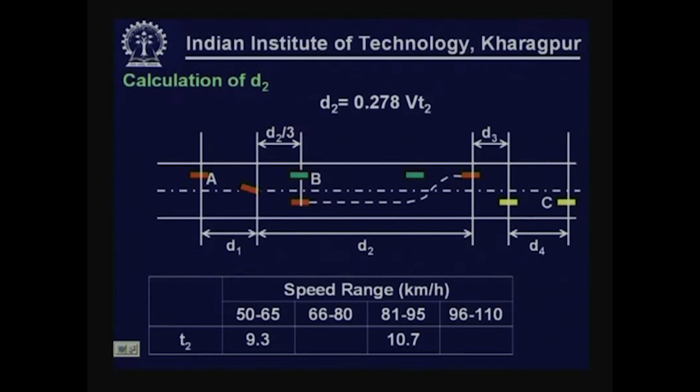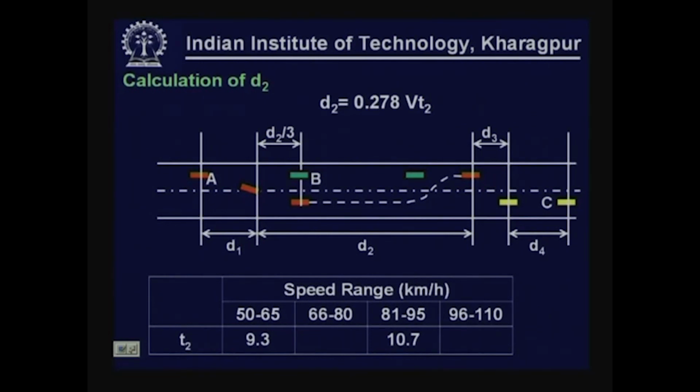Similarly, for calculating the distance D2, from field observations the required time T2 for the overtaking maneuver is found for three different speed ranges, and again values are extrapolated for the speed range between 96 and 110 km per hour. Say, for example, for the speed range between 50 to 65 km per hour, it is found that the average time taken is 9.3 seconds.